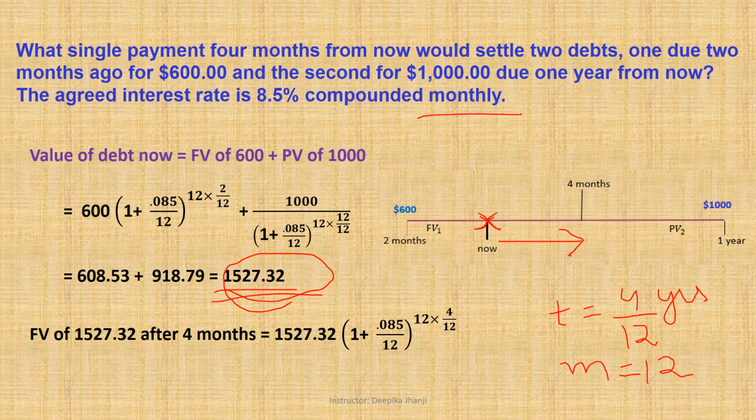So it's PV times (1 + R/M) to the power M times T. And then the future value comes out to be 1571.05. That means the single payment of 1571.05 at this point will clear both the debts.